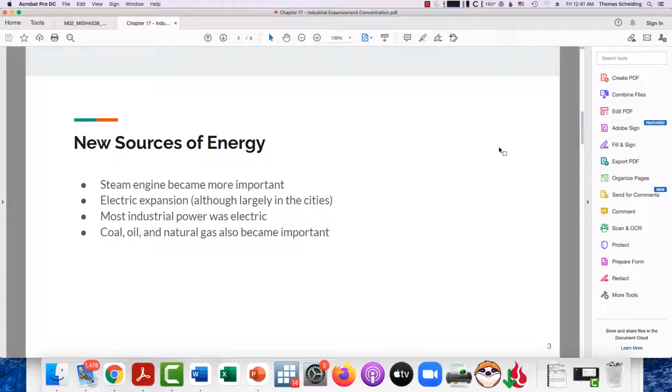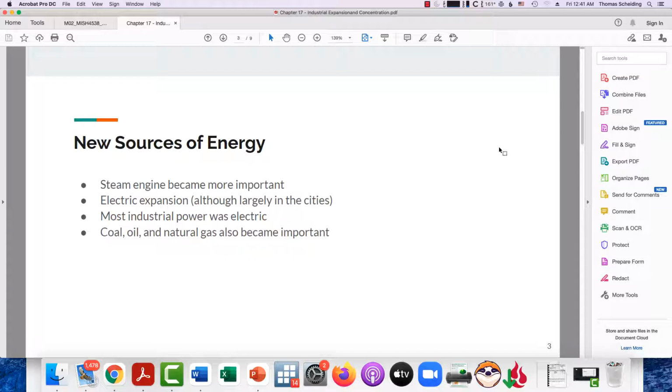Now, one of the things that's pushing these companies to be able to do more, to be more productive, is that we have new sources of energy. We've got the steam engine becoming incredibly important, not only for rail, but also just within the factory system.